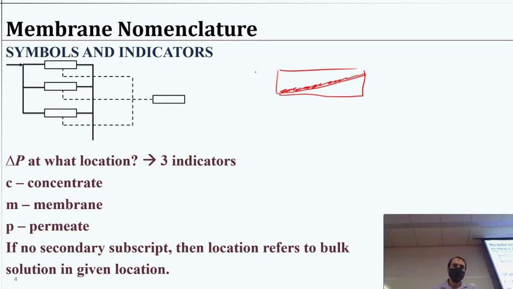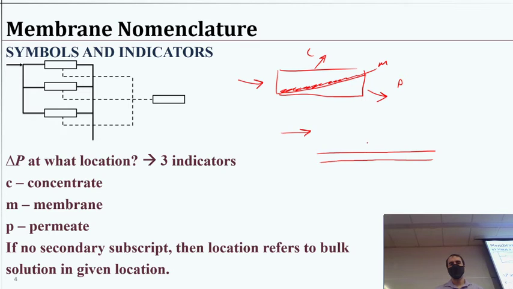Like we've said before, C would be our concentrate. So if we've got a membrane with feed coming in here, a rejected stream there, our concentrate, and then a permeate coming out here, this would be our permeate, this would be our concentrate, and this, of course, is our membrane. When we're describing a membrane and this process, we could potentially look at a different view where we have a membrane, water's coming in, some is going out, and some is going through, right?